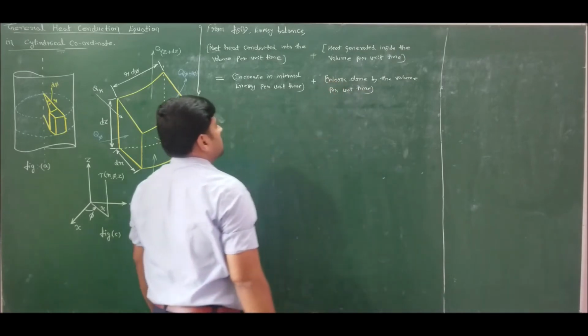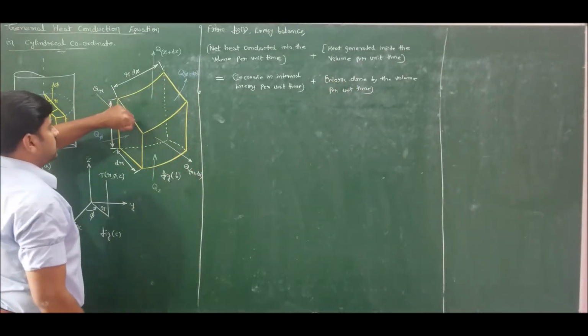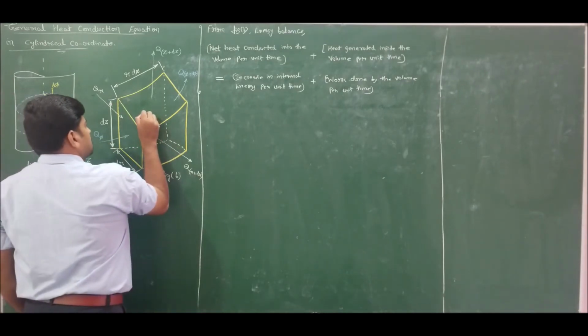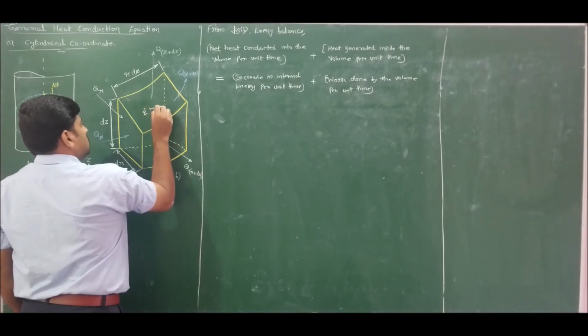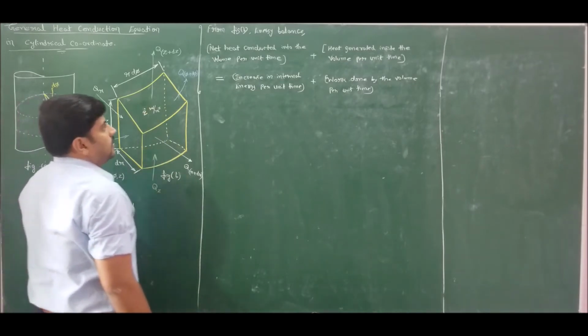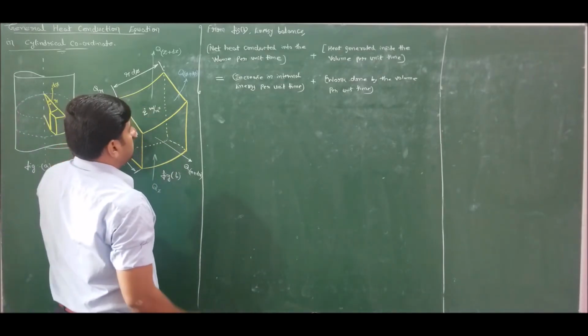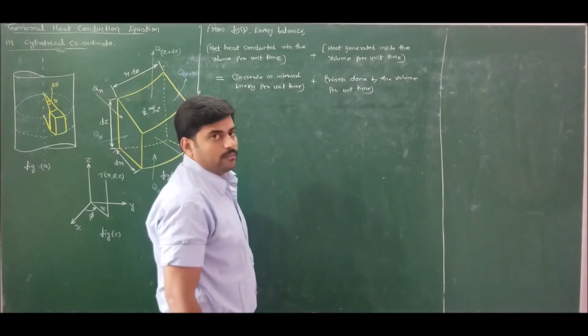So from the energy balance, we can write the net heat conducted into this volume plus the heat generation. Let us consider there is a constant heat generation of Q dot watt per meter cube inside this volume, which must be equal to the increase in the internal energy of the volume plus work done by this volume per unit time.